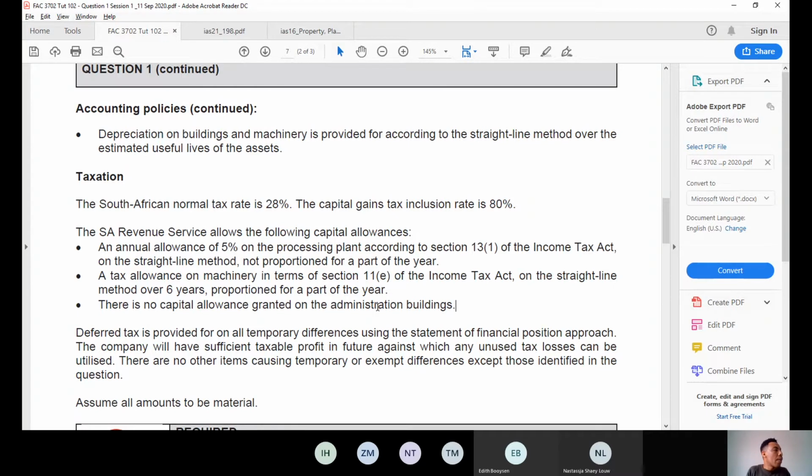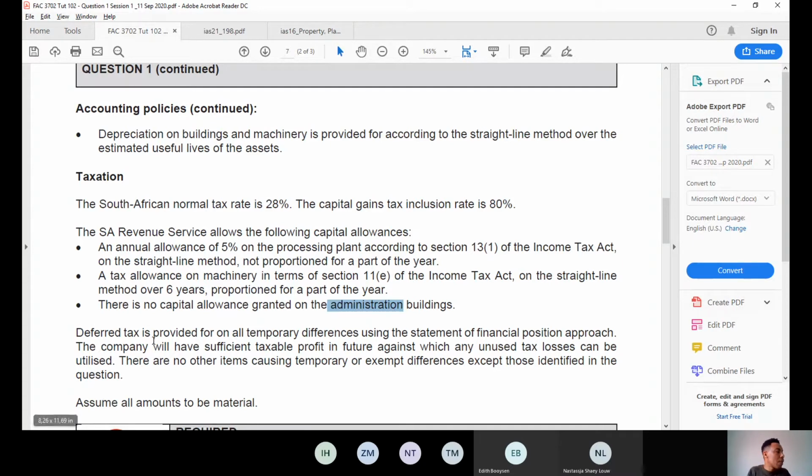Because they're not granting you any allowances, from zero up until cost you shouldn't have any deferred tax implication, but as soon as you move from cost and above, there will be a deferred tax implication that's going to arise. We'll get there to understand what I mean.